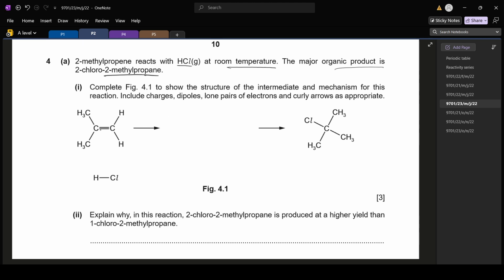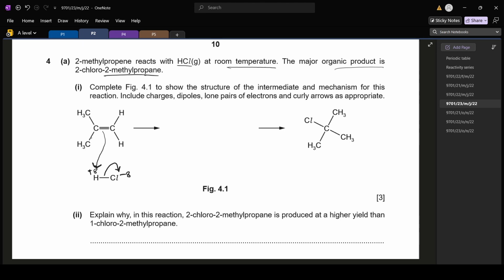This alkene has a double bond, so it is acting as a nucleophile, and here you will have a polarization. Because chlorine is more electronegative, it will have a partial negative charge, and H will have a partial positive charge. This double bond will attract this hydrogen.